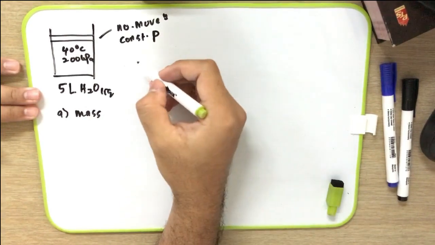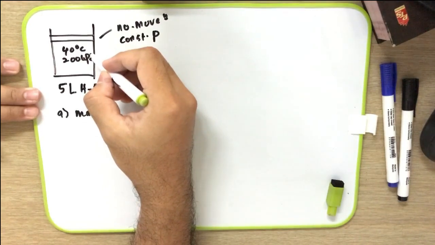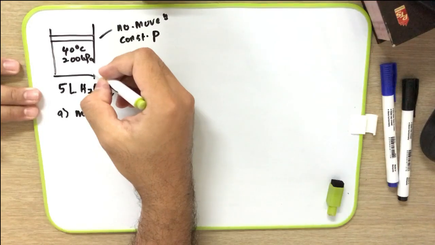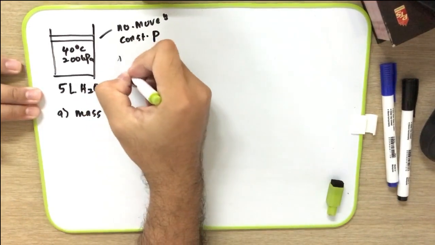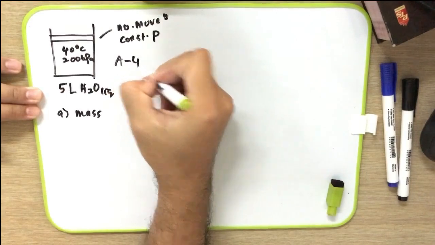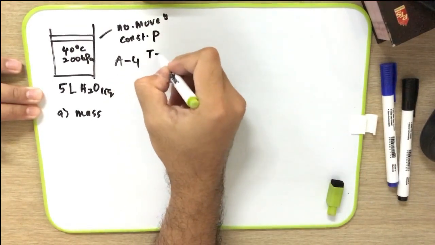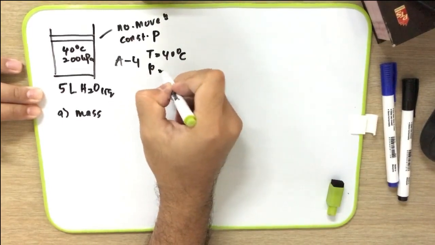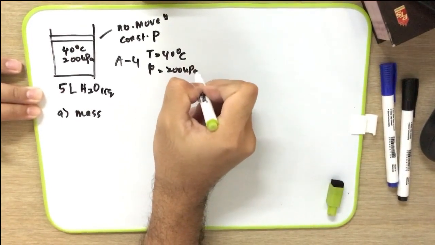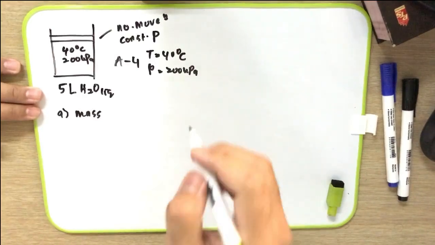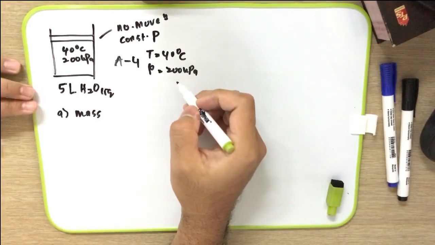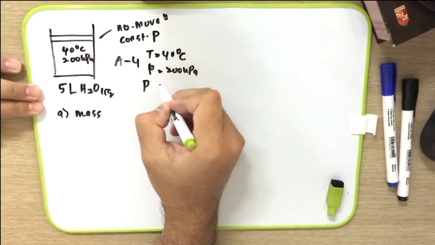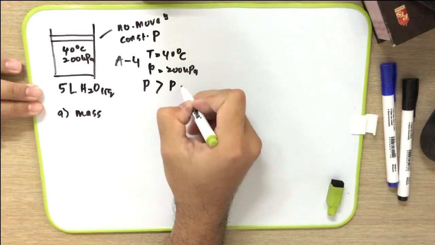So we look at 40 degrees C and 200 kilopascal in table A4. After we have confirmed from table A4, we found that this P is higher than P saturated.